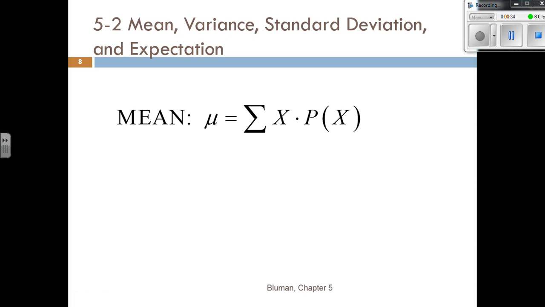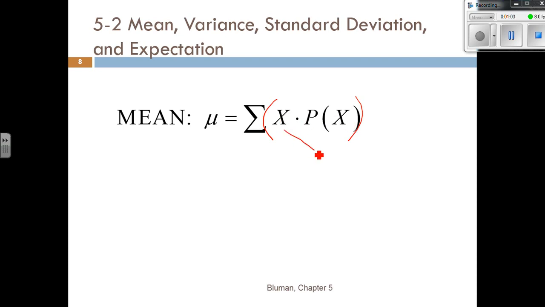What the book doesn't do, and what the formula doesn't show, is that remember sigma means you add up all of these. So what it kind of looks like is that you add up all of your x's and then you take them times your p sub x. What I want you to keep in mind is that it's like this: you are going to take all of the x's times the probability of those x's.